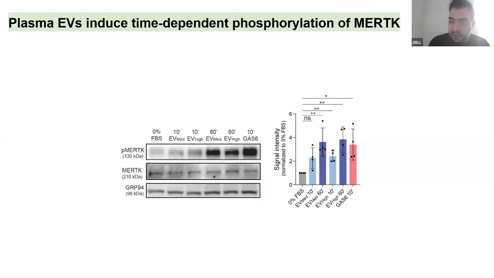Consistent with this, the exposure of macrophages to EVs resulted in MERTK phosphorylation, as you can see here, at two different time points, pointing to a direct receptor engagement.